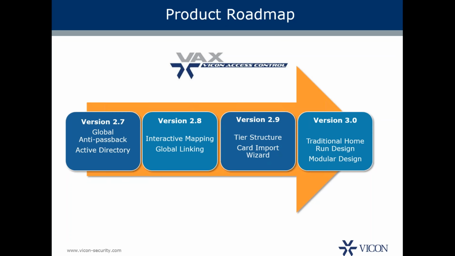And then version 3 is really where you'll see that traditional home run design with a single drop, and we'll be moving to a modular design on the software front as well that's going to make us even more flexible and scalable. Now, in between each one of these releases is typically 2 to 3 months, and we've had a very stable track record of delivering to those features and functionalities on each one of those releases for our customers.